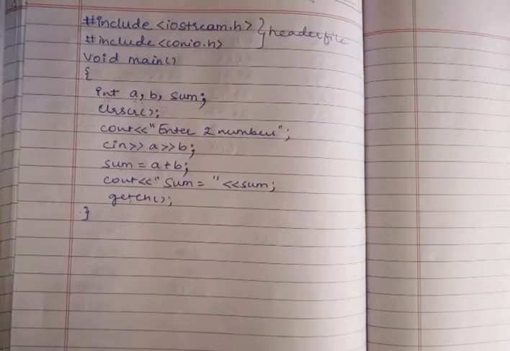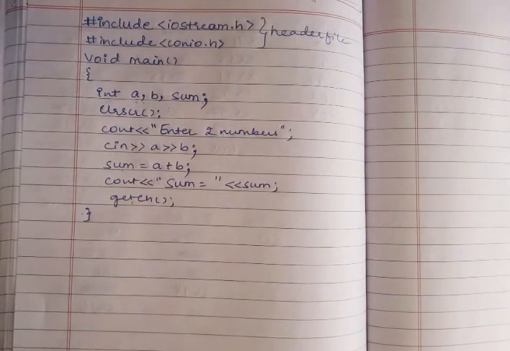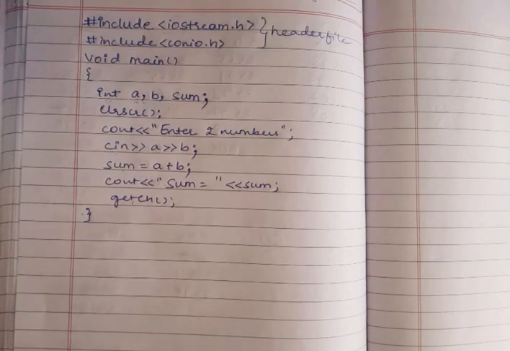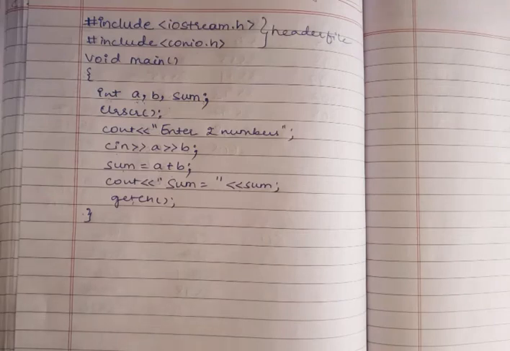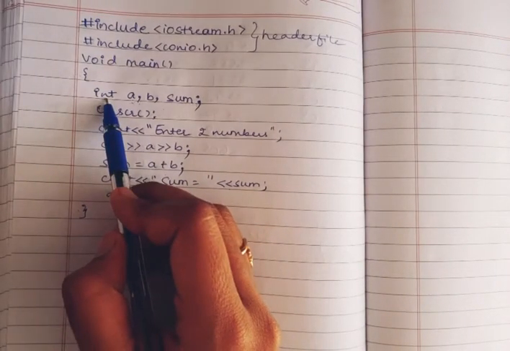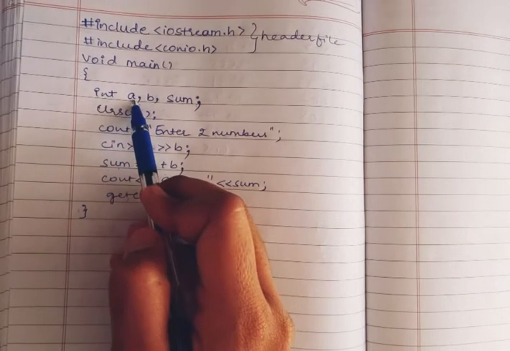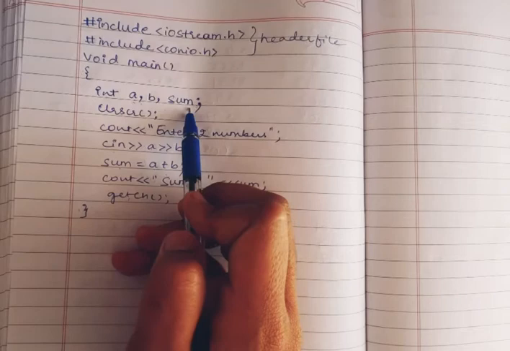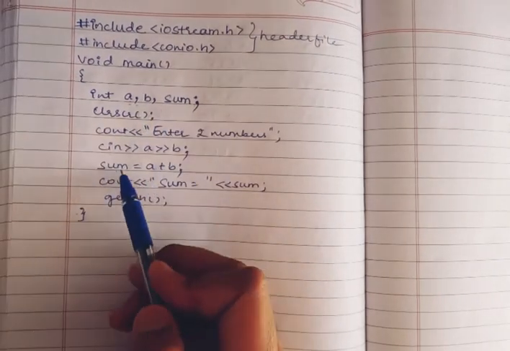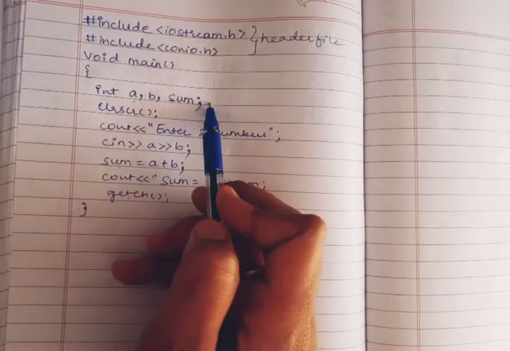Instead of 3.5, it will take only the 3. It will not accept whatever comes after the dot, because we have mentioned the data type as integer. So: int a, b, sum. Before using variables in the program, we must declare them. So here we have done it.